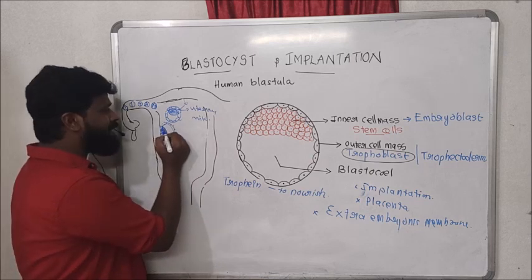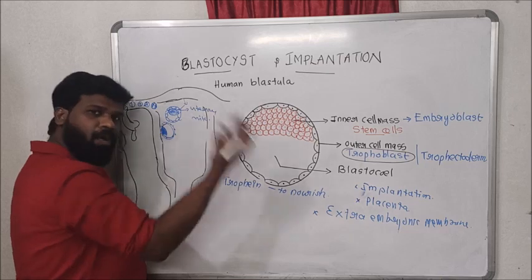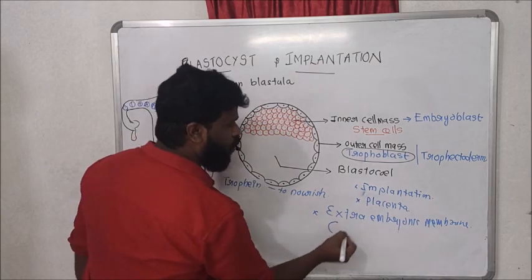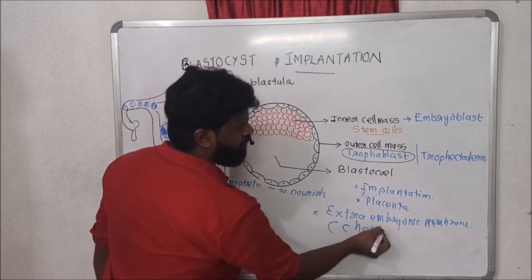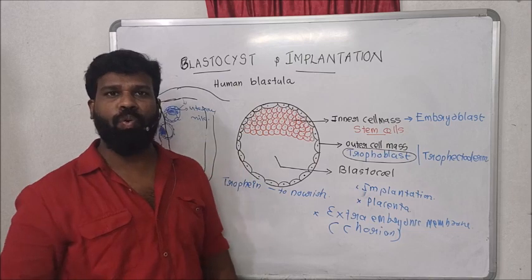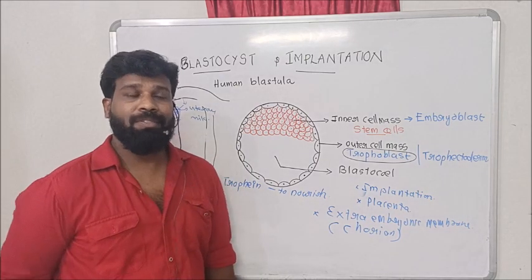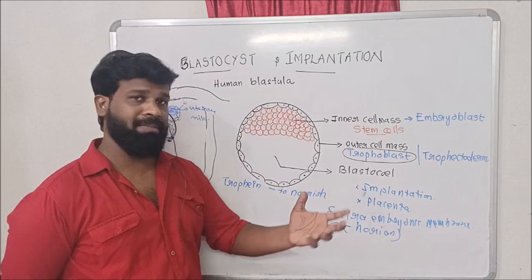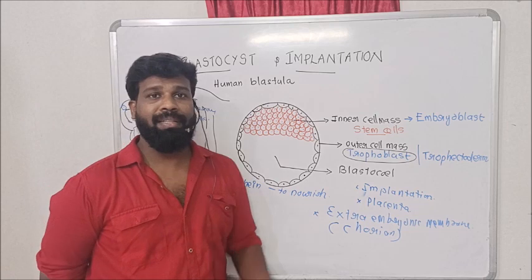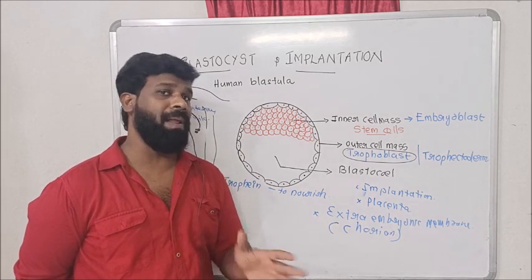The inner cell mass becomes the embryo, and the trophoblast becomes the membrane outside the embryo, called chorion. So the main function of trophoblast is drawing food for the embryo. Then it helps in implantation, and it becomes the extra embryonic membrane chorion and helps in the formation of placenta.